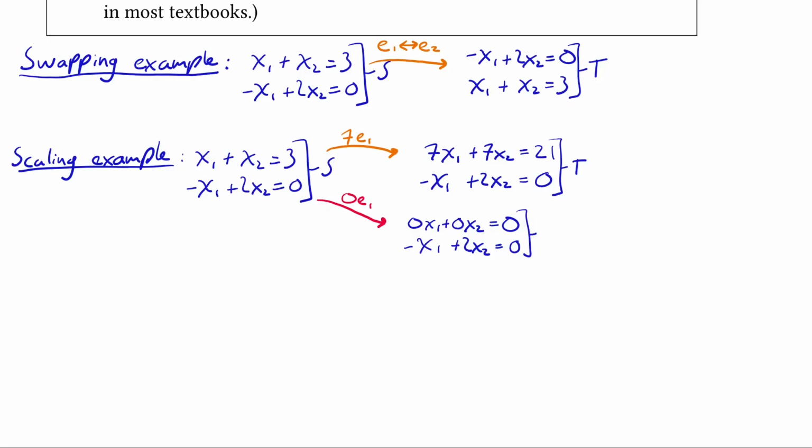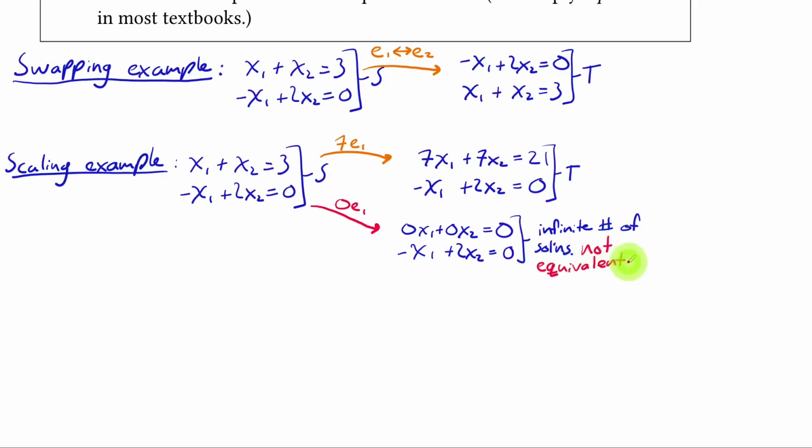So this system together with the second equation now has an infinite number of solutions, because any solution of just the second equation is also a solution of the whole system. So it's not equivalent to S. So don't do that.